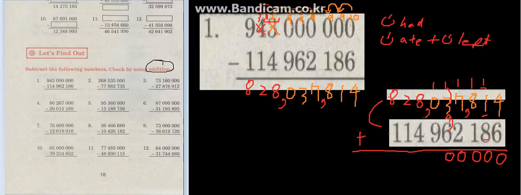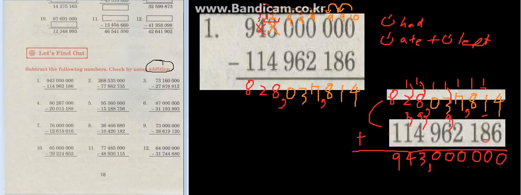1 plus 0 plus 9 becomes 10. Place 1 over here. And 1 plus 8 plus 4 becomes 13, so 1 plus 8 is 9, 9 plus 4 is 13, so we place 3, 1 over here. 1 plus 2 becomes 3, 3 plus 1 becomes 4, so we place 4 over here. And 8 plus 1 is 9.